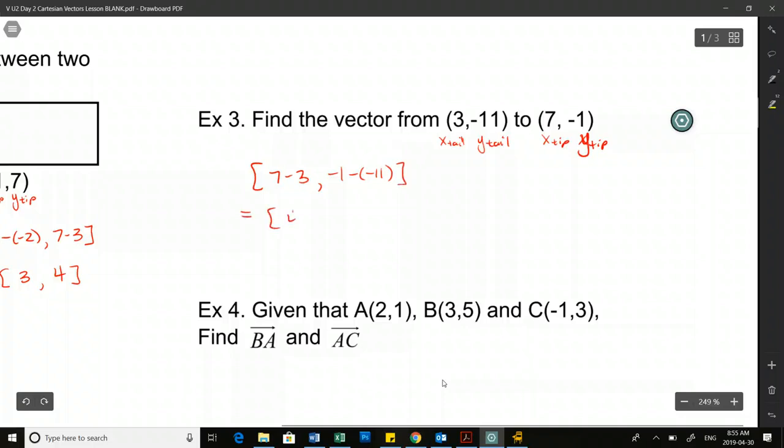So we'll get the coordinate 4, 10. Again, we're assuming that this vector is starting at 0, 0 and then extending, and the tip ends at the point 4, 10. So far, so good?